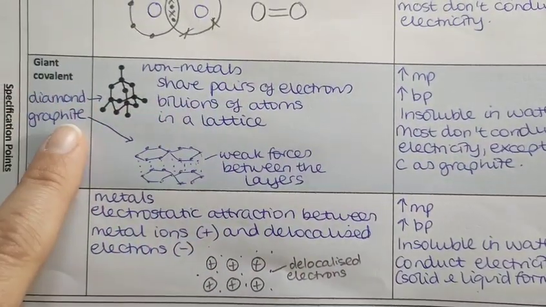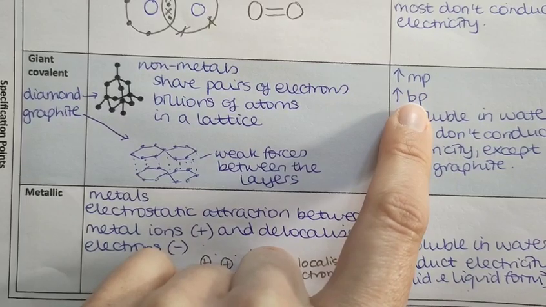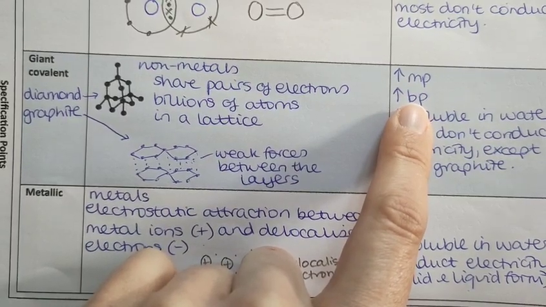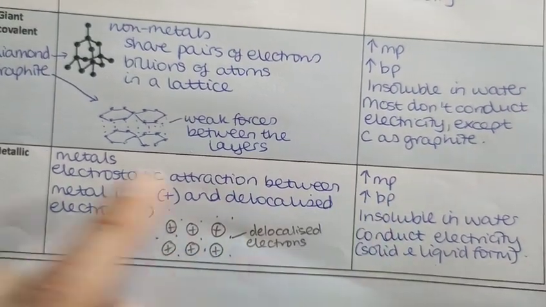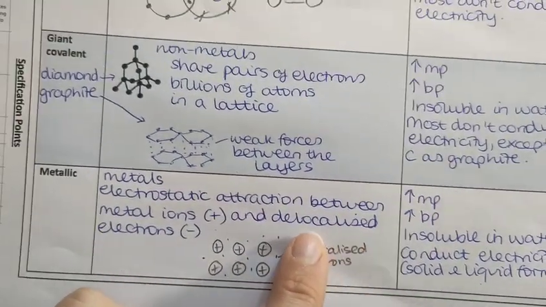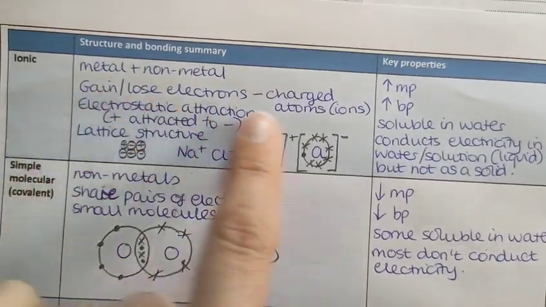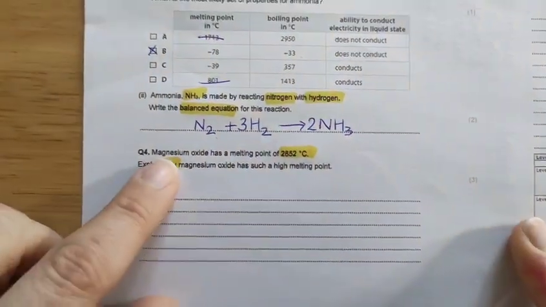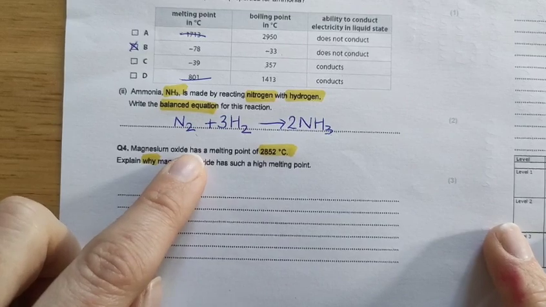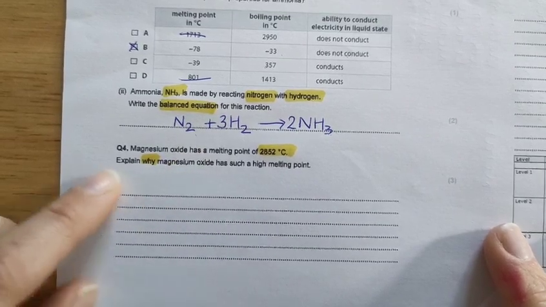Giant covalent, like diamond and graphite, have too, but it's not diamond or graphite, it's magnesium oxide, so it can't be that one. Metallic has a high melting point, but it's not metallic because that's just metal. So it must be ionic, which is a metal and non-metal. If I look at that, magnesium is a metal, oxide is a non-metal.